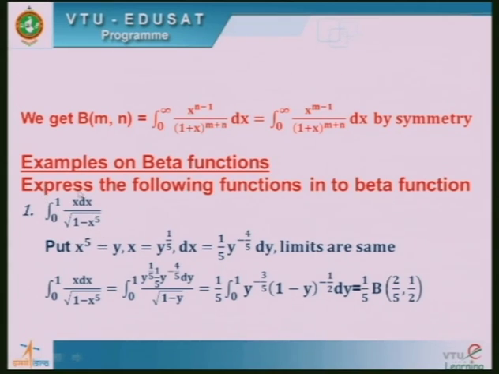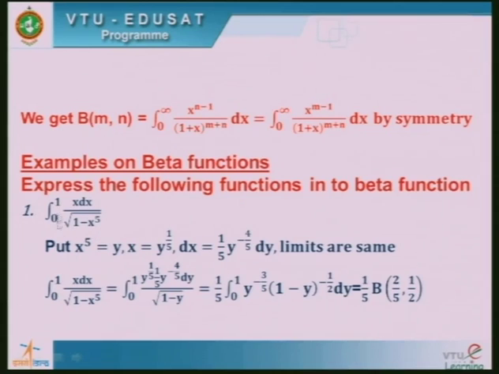So, the problem is to express this integral into beta function, means we identify what is m and what is n in this integral. To identify m and n, this integral function is to be expressed in terms of x to the power m minus 1 type and 1 minus x to the power n minus 1. So, convert this integral into the beta integral.